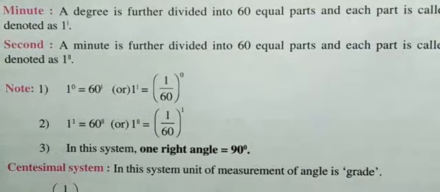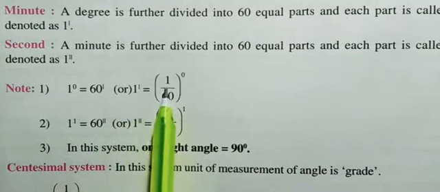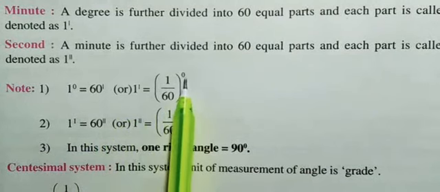Next come to note 1. 1 degree is equal to 60 minutes, or 1 minute is equal to 1/60 degree.